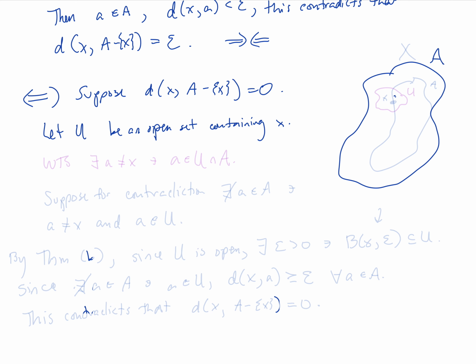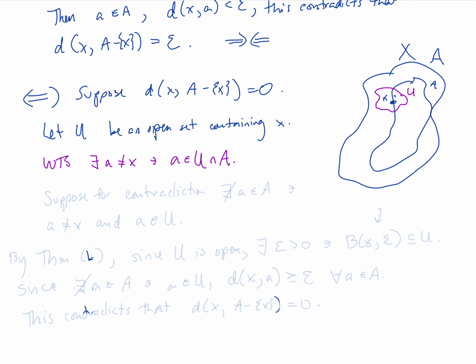We've got our larger set X, we've got some set A inside of that, and we've got some point x where the distance between x and A minus x is 0. And now we've got some arbitrary open set U, and what we want to show is that there exists some a not equal to x, such that a is an element both of the open set U and of the set A. So that is our goal.